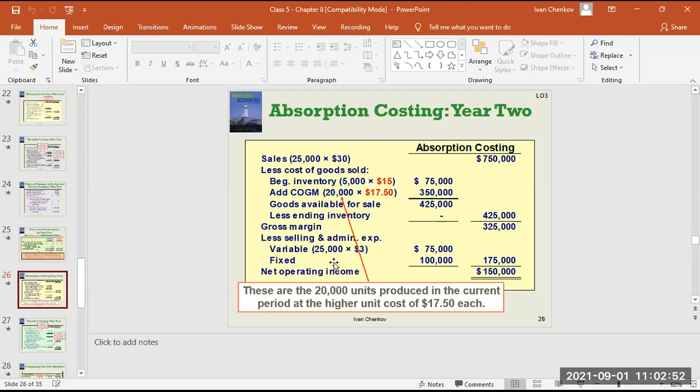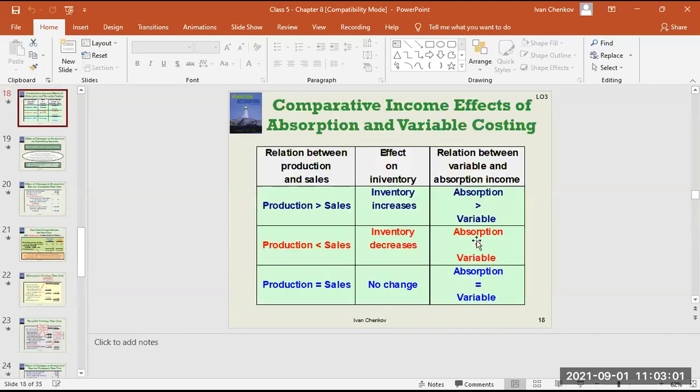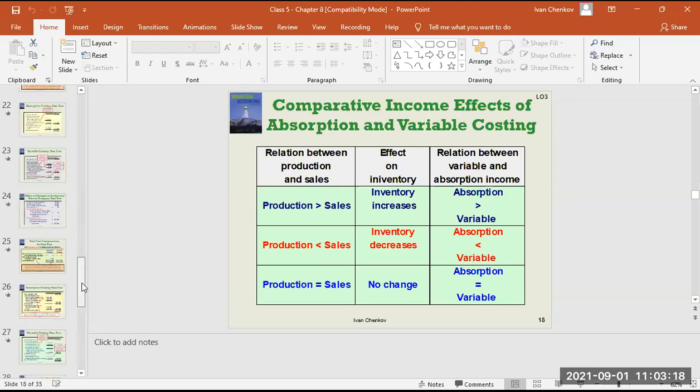Variable cost will be that much, fixed cost will be the same, and our operating income will be $150,000. So by the chart here, when we have production less than the sales, which in our case, we're producing 20,000 but we're selling 25,000, we're decreasing the inventory. In that case, absorption is going to show less operating income than the variable.